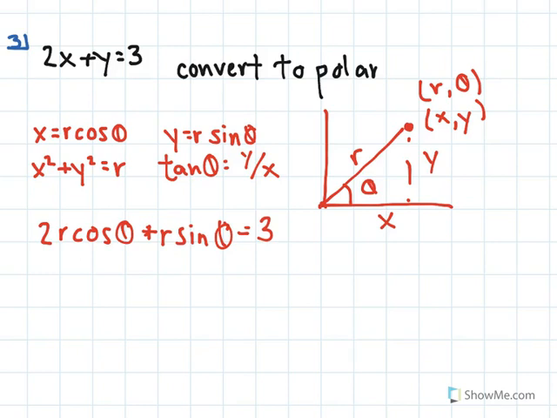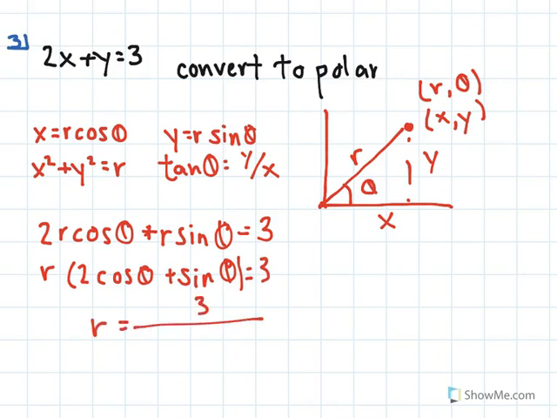So we can factor out an r. We have r times 2 cosine theta plus sine theta equals 3. And so we're solving for r. We get r equals 3 divided by 2 cosine theta plus sine theta as our final answer.